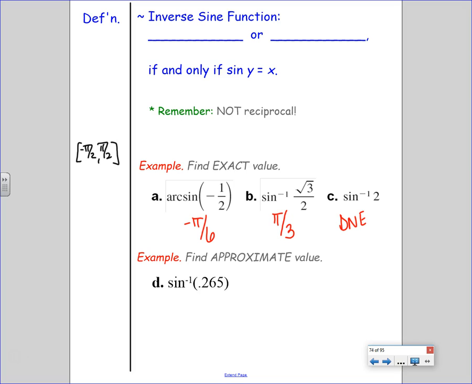Angles go in, ratios of sides come out. When you get to the inverse, ratios go in, and what comes out? Radians, or what do radians and degrees both measure? Angles. So with inverse, you have to flip what goes in and what comes out, which means we're going to have to know our unit circle backwards and forwards.